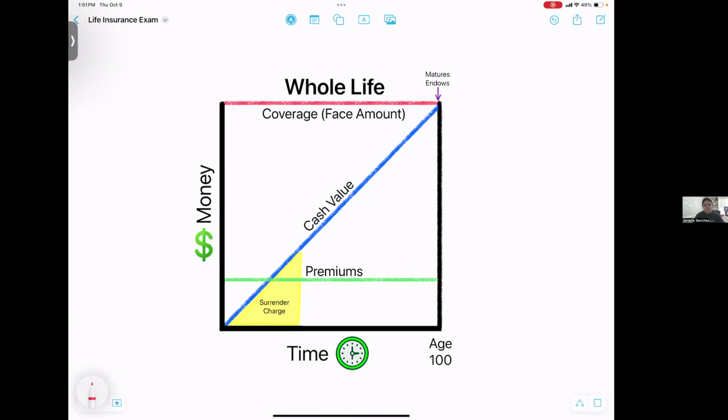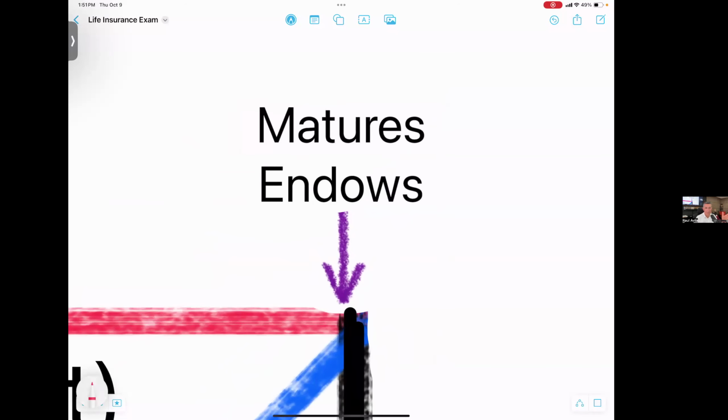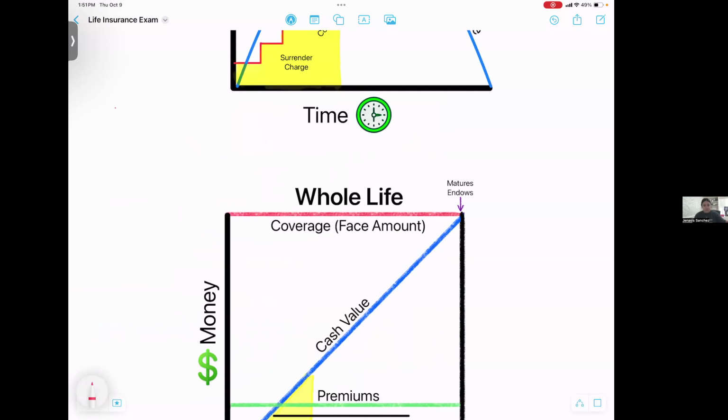It's the same thing. They're just trying to mess with you. It's annoying, same as matures and endows. Those are two words that they use in the test interchangeably, but it's the same thing. So straight life, whole life, same thing.